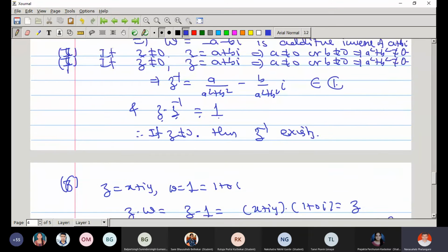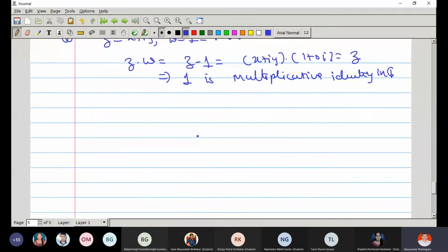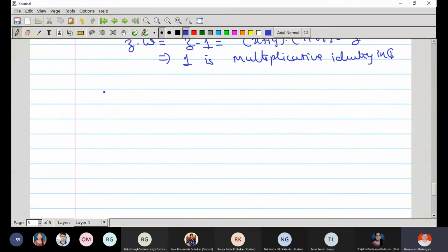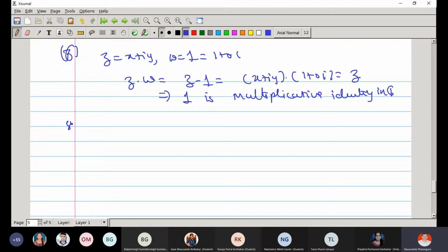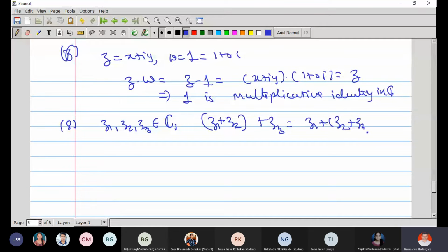So the multiplicative inverse exists, and other properties you can have are for z1, z2, z3. If you take three complex numbers, then z1 plus z2 plus z3 is the same as z1 plus z2 plus z3 grouped differently, and z1 into z2 multiplied with z3 is the same as z1 multiplied with the product of z2 and z3.